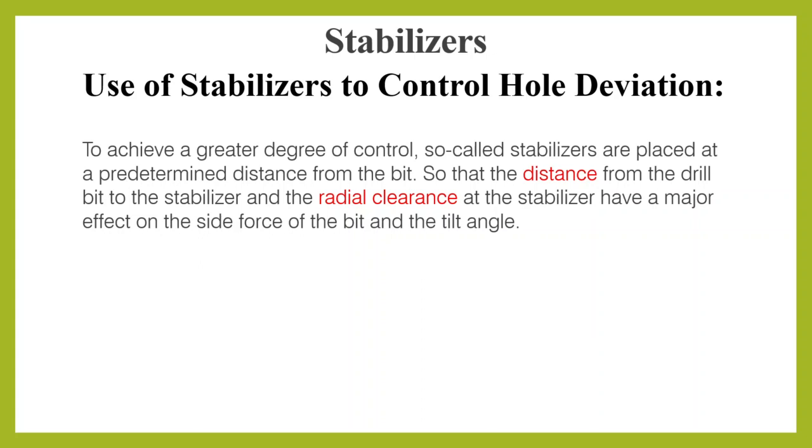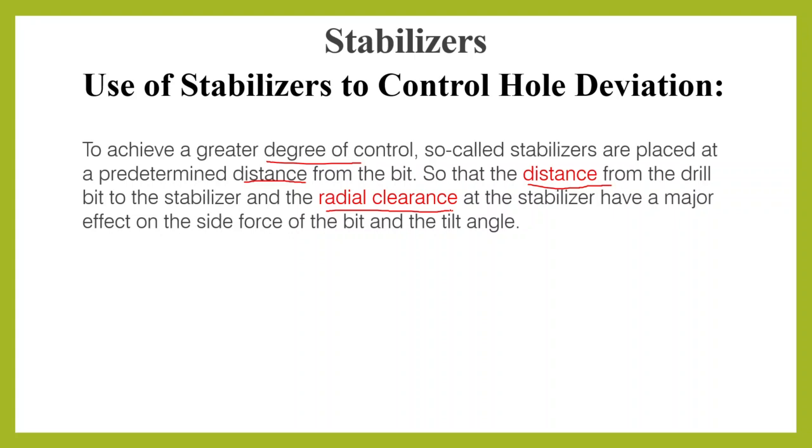To achieve a greater degree of control, the stabilizers are placed at a predetermined distance from the bit, so that the distance from the bit and the radial clearance at the stabilizer have a major effect on the side force of the bit and the tilt angle of the bit.